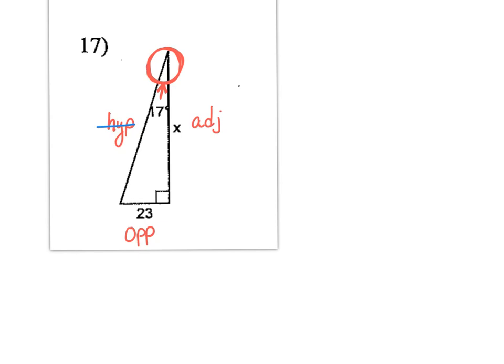The acronym we use to remember our trig functions is SOH CAH TOA. Our three trig functions are sine, cosine, and tangent. Well, which trig function uses opposite, O, over adjacent, A?